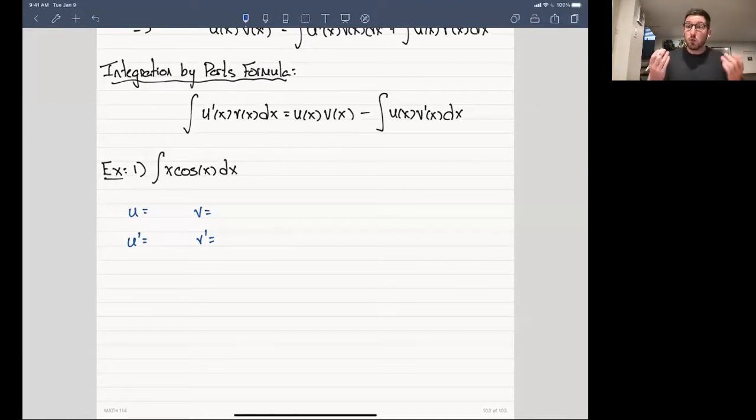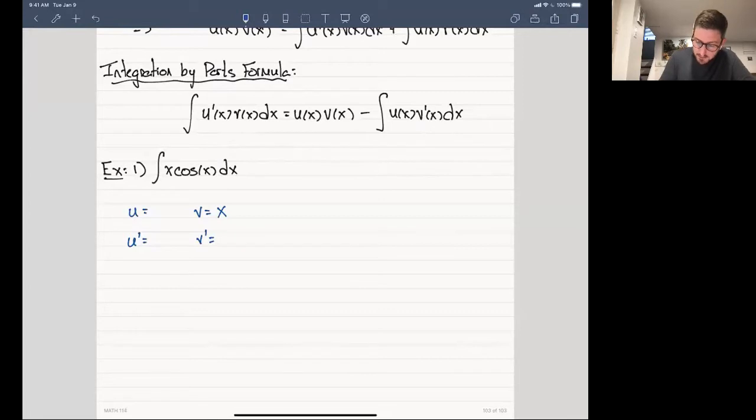So basically what you want to do is play this game with yourself where you try and differentiate away the annoying piece of the integral. So that means that if on this side I have this correspondence, the piece that I want over here is going to be easier, and it's going to involve a derivative that gets rid of the problematic piece. So I am going to call v to be x.